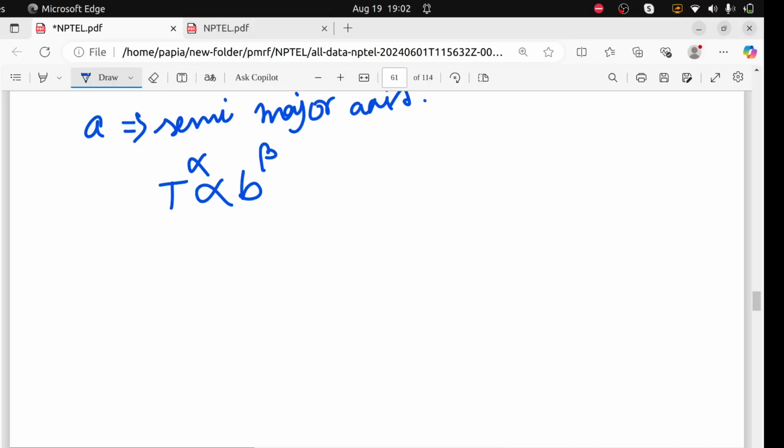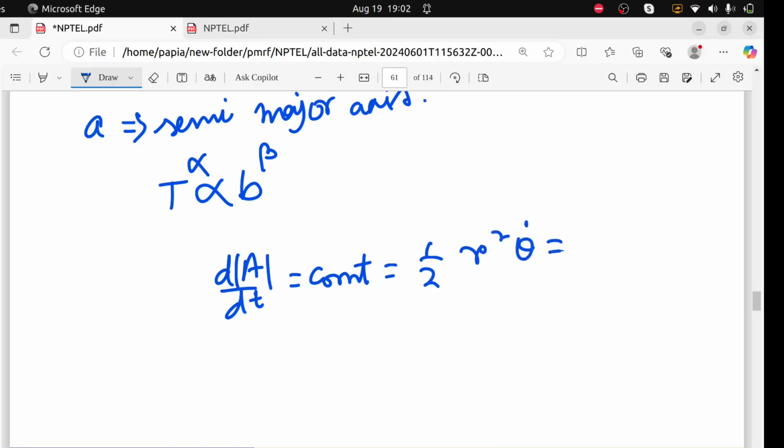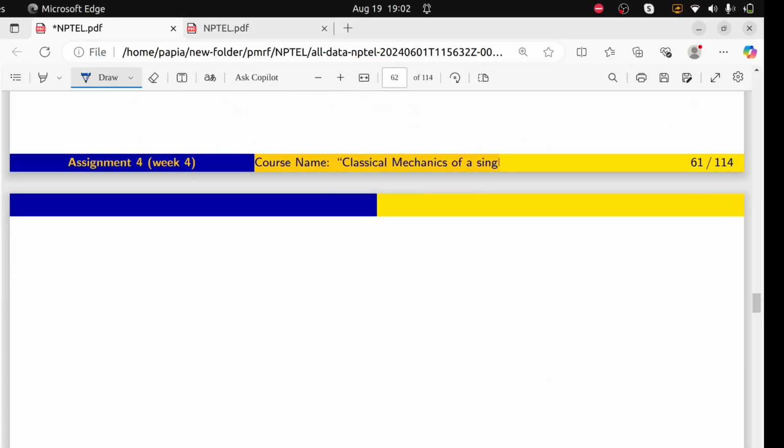Basically, we have dA dt, which is constant from the second law, and also it is half r square theta dot. So it is L by 2m, which is h by 2. So this is constant because h is constant. Now, the area A is nothing but L by 2m into T because dA dt is constant.